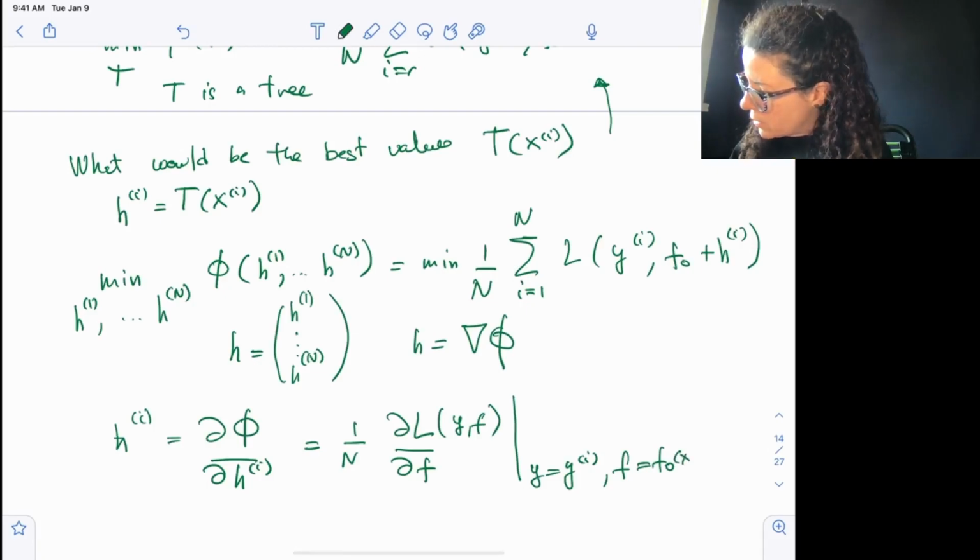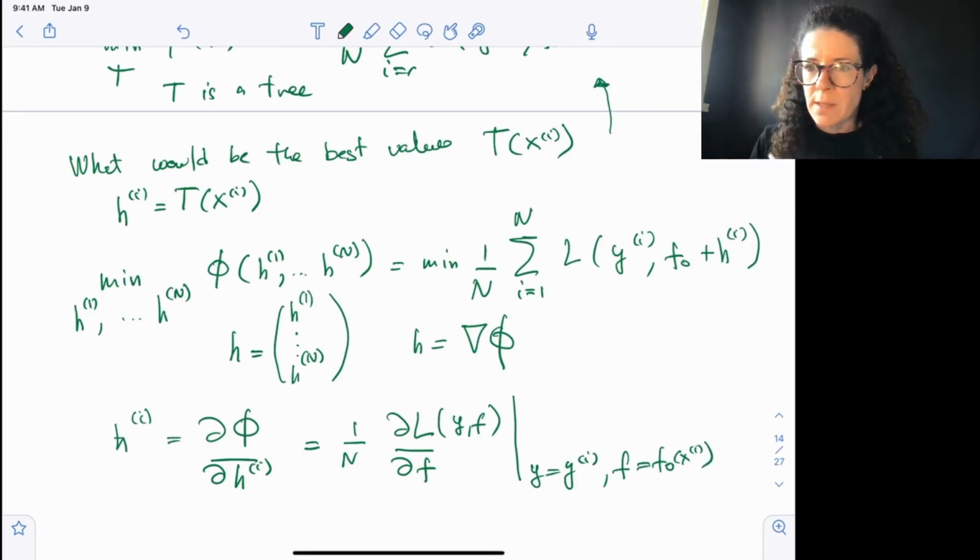In general, it will be f0 of xi, but in this particular case, f0 is constant.